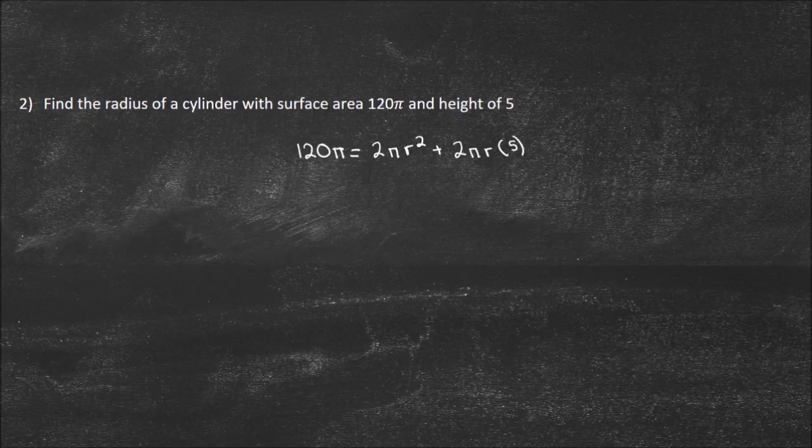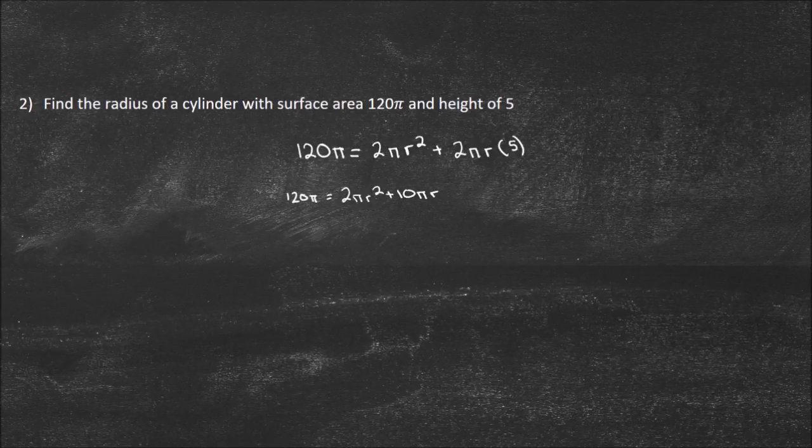Okay, so that's good because now I only have one variable left and I can solve for r. Not an easy problem, but I can still get it done. So what I'm going to do is I'm going to get 2 pi r squared plus 10 pi r. Then I'm going to have that equals, well, 120 pi equals all that.